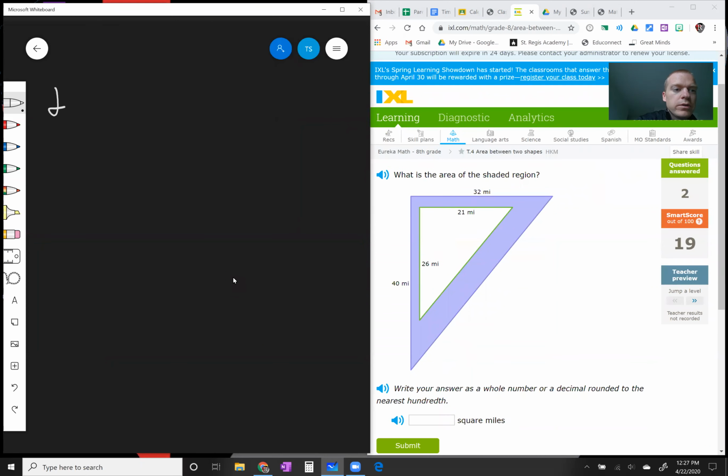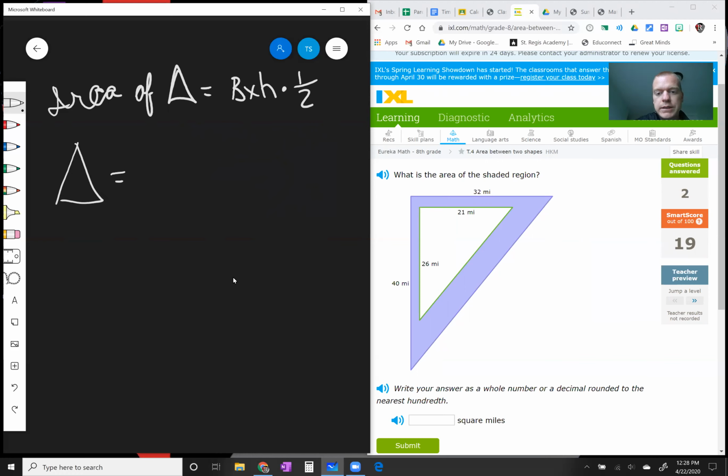Remember, area of a triangle is base times height times 1/2. Okay. So once again, we need to find the area of the big triangle first. So I'm going to write big triangle here is 40, right?